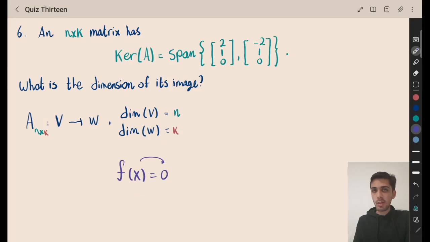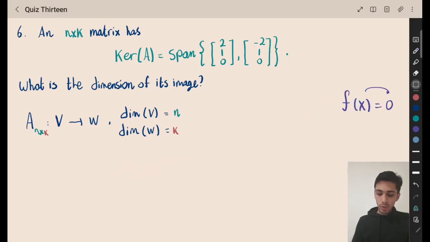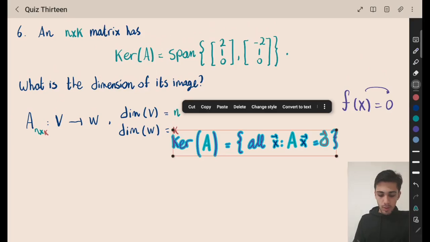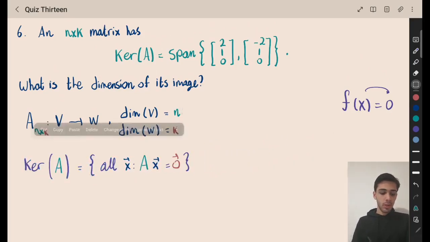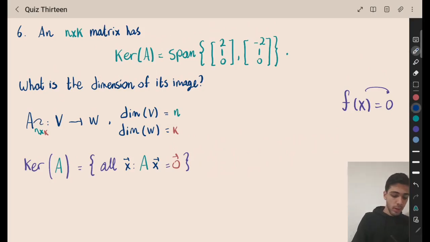This is a very extreme example, but you could imagine that this matrix, as a linear map, has some set of vectors which get sent to 0. Perhaps this will be a bit more clear if we refresh on what the definition of a kernel is. The kernel of A is all the vectors x that give us 0, or you could say all the vectors x that get sent to 0.